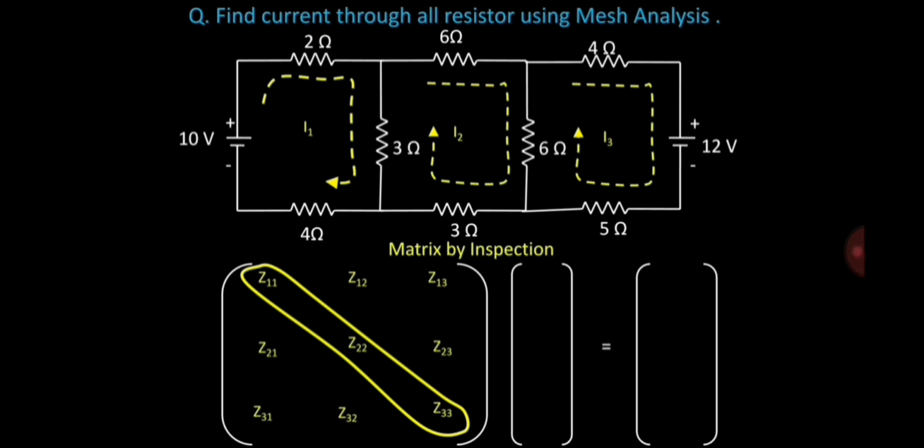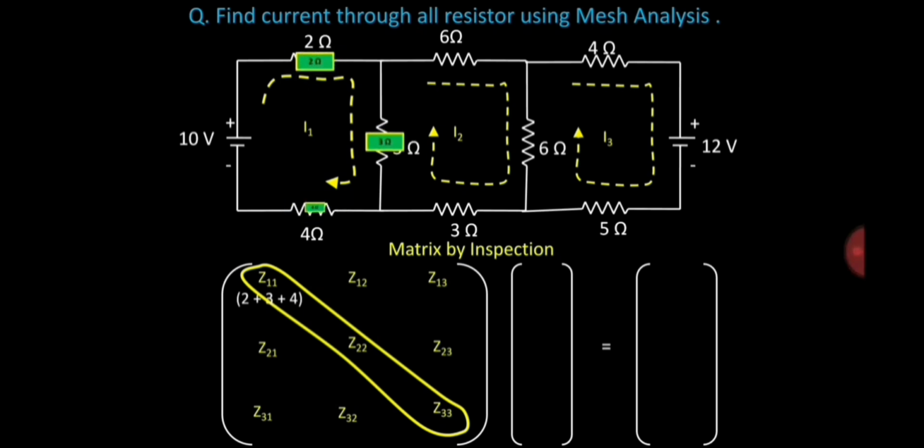So after you have arranged this way, you start by analyzing each loop one by one, and the resistance contained in each loop. For instance, this first loop we have 2 ohm, 3 ohm and 4 ohm. So Z11 will add those resistors in the first loop. So we'll have 2 plus 3 plus 4.